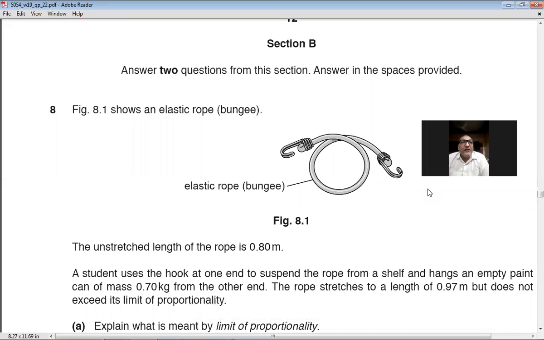Question number 8, figure 8.1 shows an elastic rope bungee. The unstretched length of the rope is 0.80 meters, so L naught is 0.80 meter.